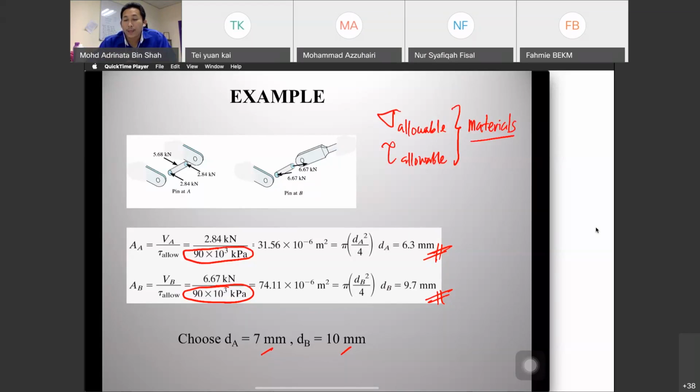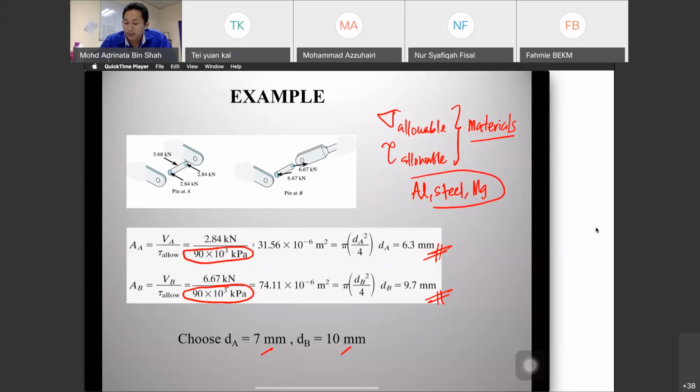So we have a table of the stress for our material. We have aluminium, steel, magnesium.